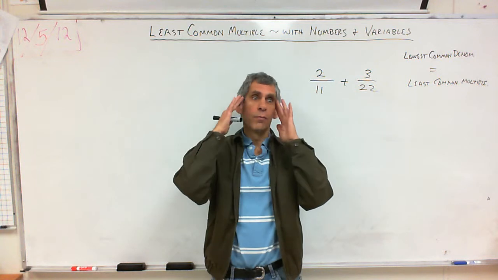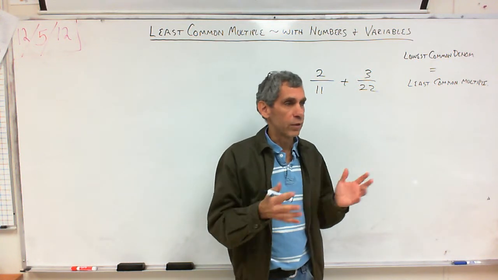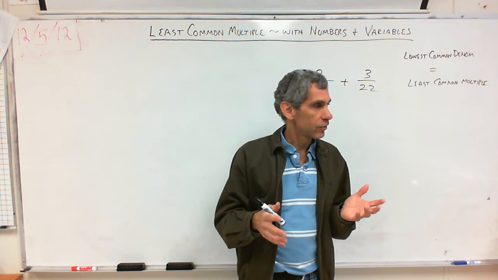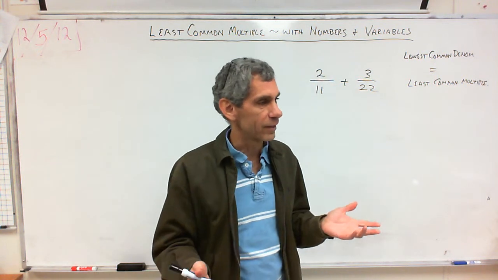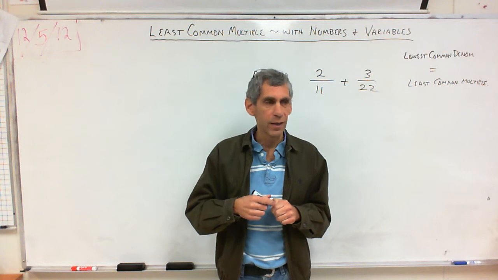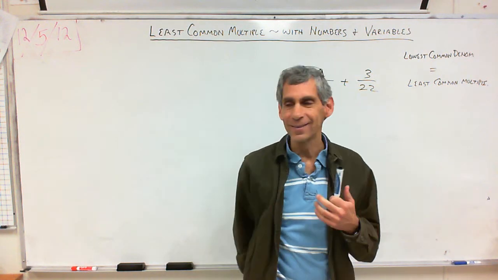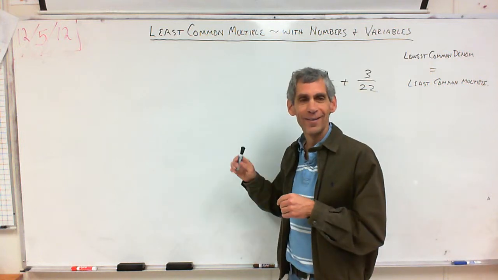Their head starts to swim, right? Oh my God, greatest common factor, least common multiple, which one is which, right? I used to have trouble with that. I still do, actually. Does anybody still have trouble with that? No? Other than me? Okay, great. Thank you for giving me at least a little comfort, a little support.